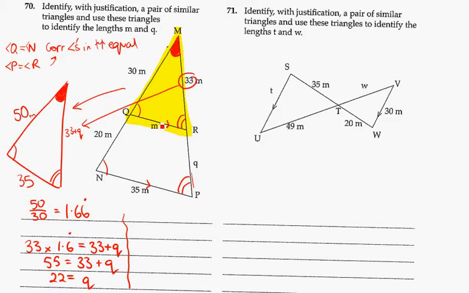And now working with the third side, I can see that M has been times by 1.6 to give 35, so to work out M we'll need to reverse that and try dividing 35 divided by lots of sixes, and we get 21 metres.